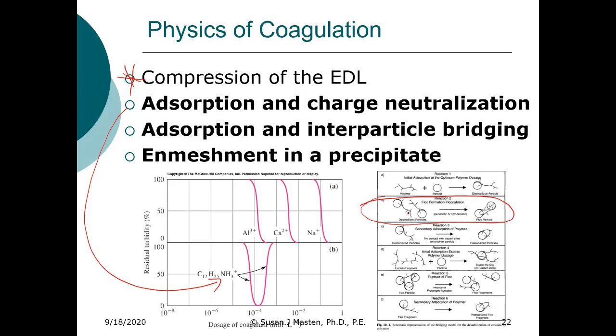So you can think about this as your negatively charged colloid, and we have something like dodecylammonium, and what happens is these two hydrophobic ends interact and you form a larger particle as shown here.